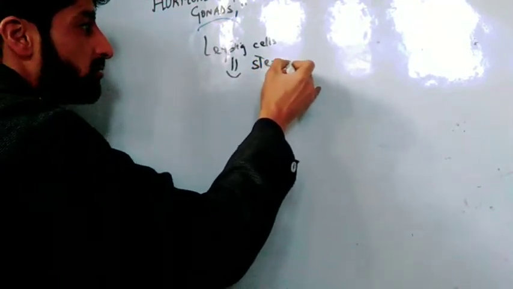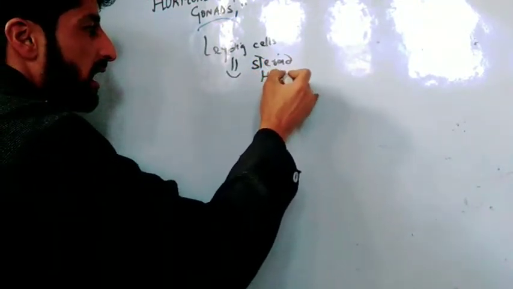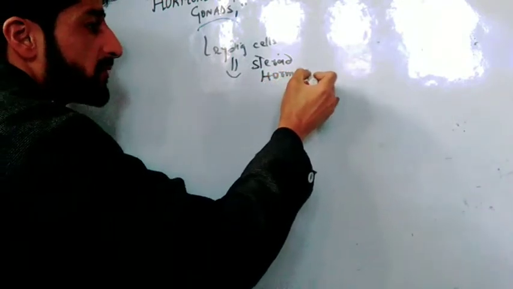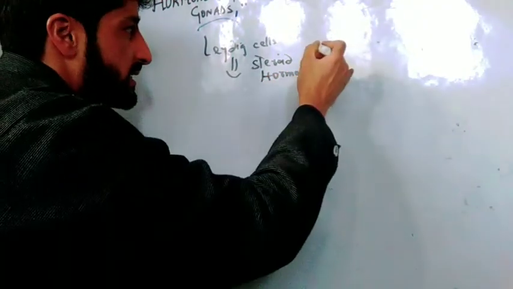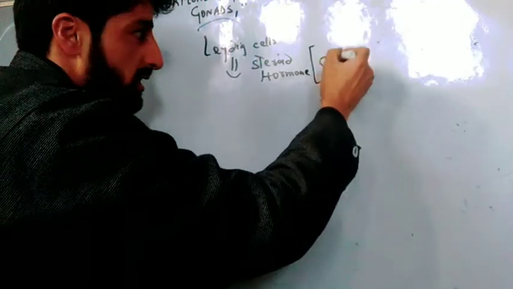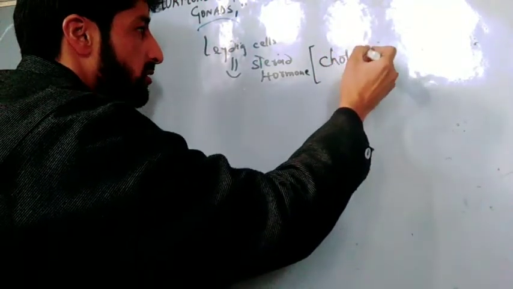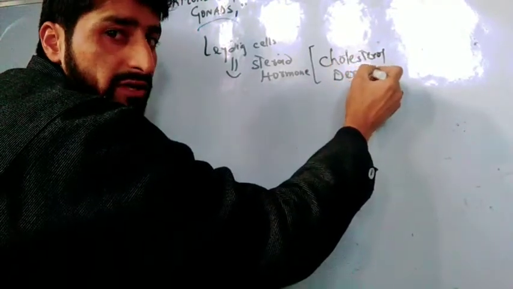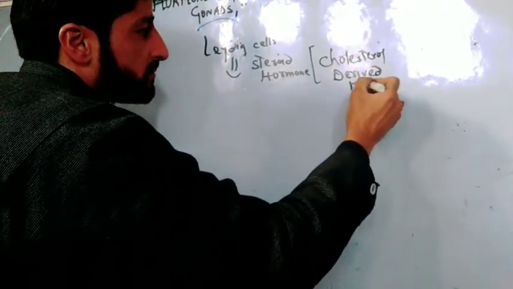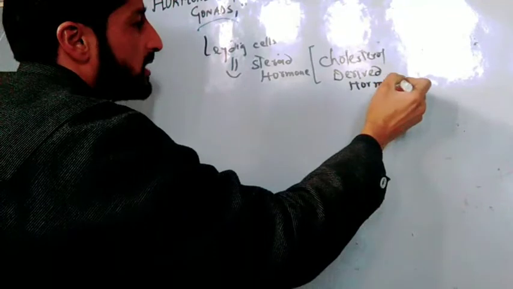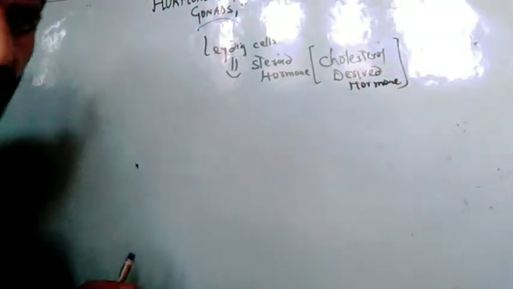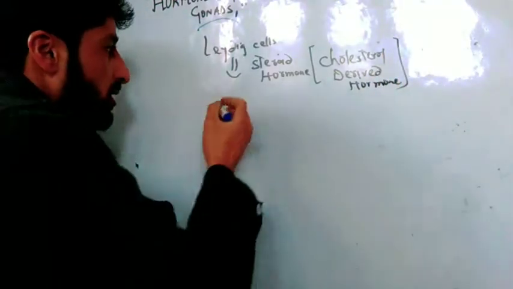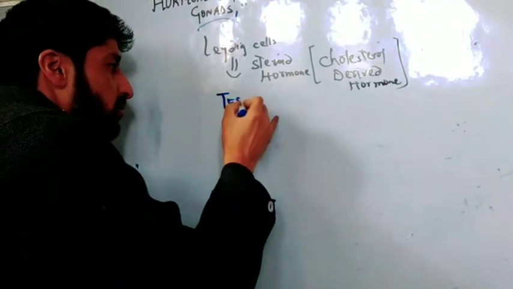When I say steroid hormone, I mean a hormone formed from cholesterol. Or should I say steroid hormones are cholesterol derived hormones. Steroid hormones are actually cholesterol derived hormones. This cholesterol derived hormone, this steroid hormone, we call testosterone hormone.